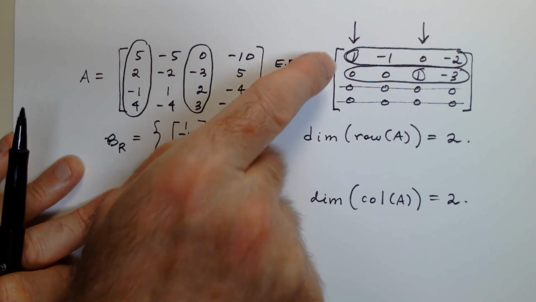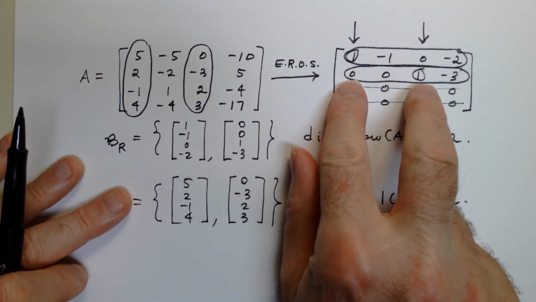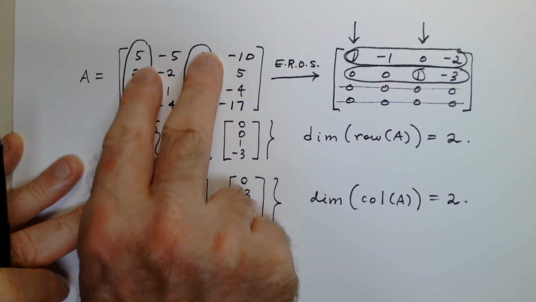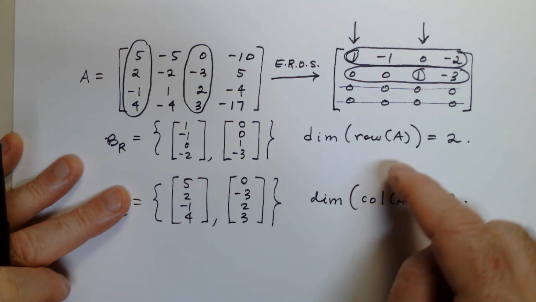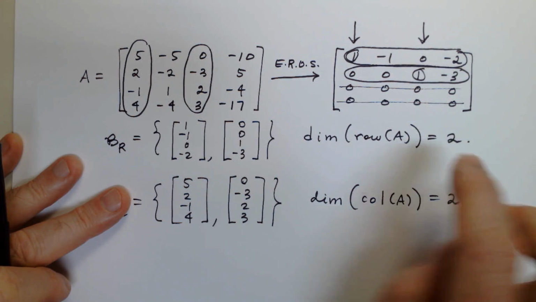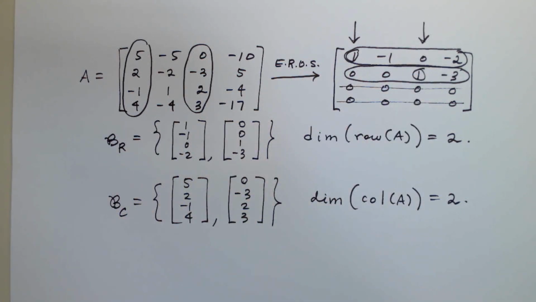From one point of view, we're looking for the rows that contain the leading 1s, and from the other point of view, we're looking for the columns that contain the leading 1s. So the fact that the dimension of the row space and the dimension of the column space are equal to each other is really just pointing to the fact that they're both counting the number of leading 1s in the row reduced echelon form. And so that's the general principle that's governing the proof of theorem 3.24.